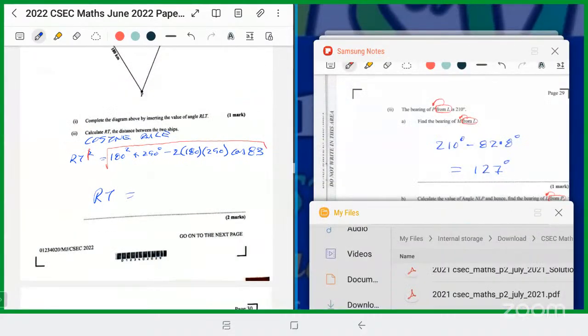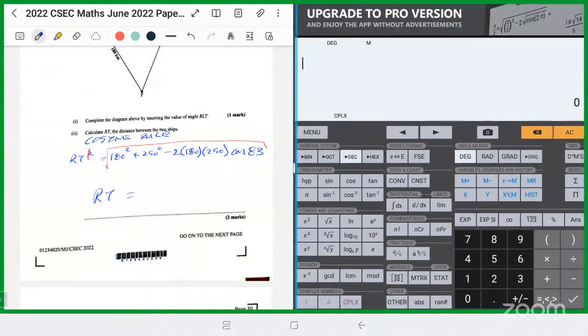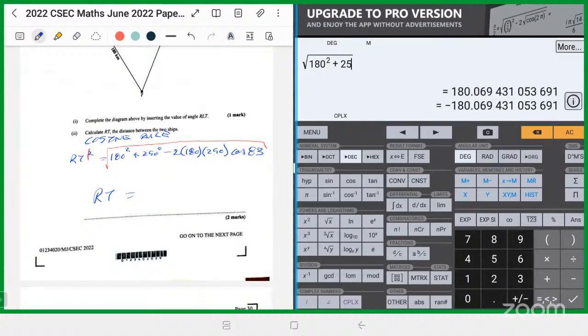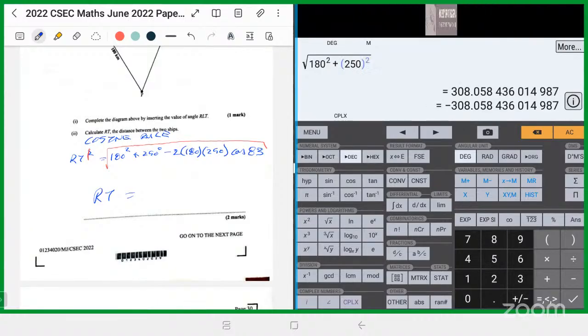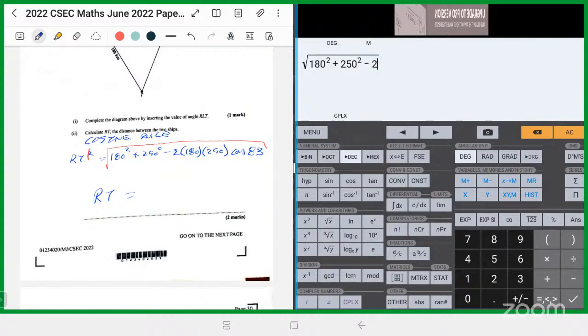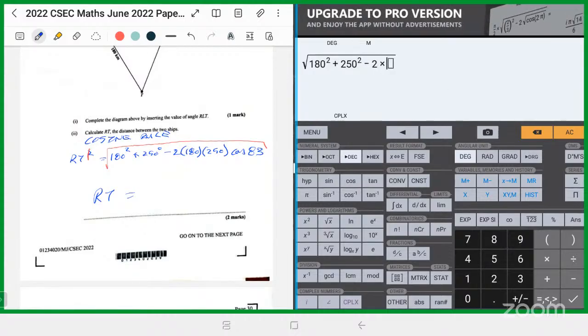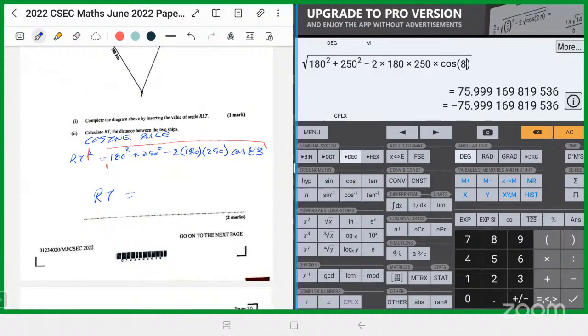So it's going to be the square root of 180 squared plus 250 squared minus 2 times 180 times 250 times the cosine of 83 degrees.